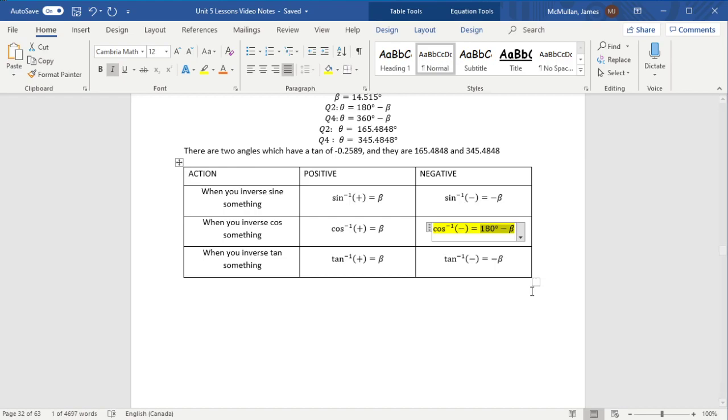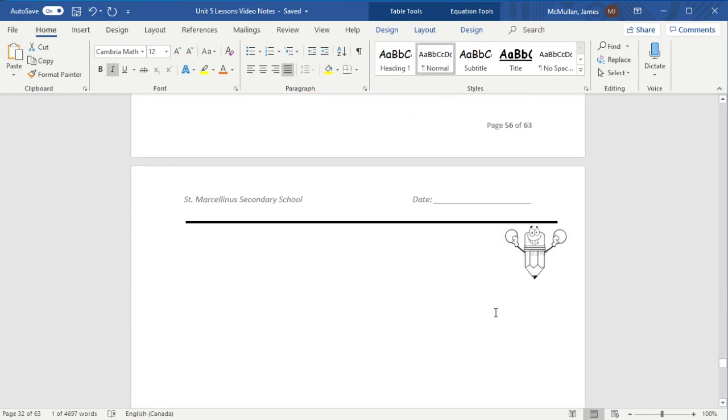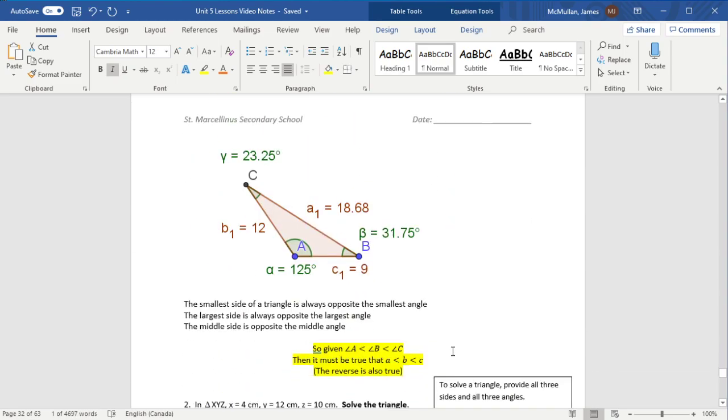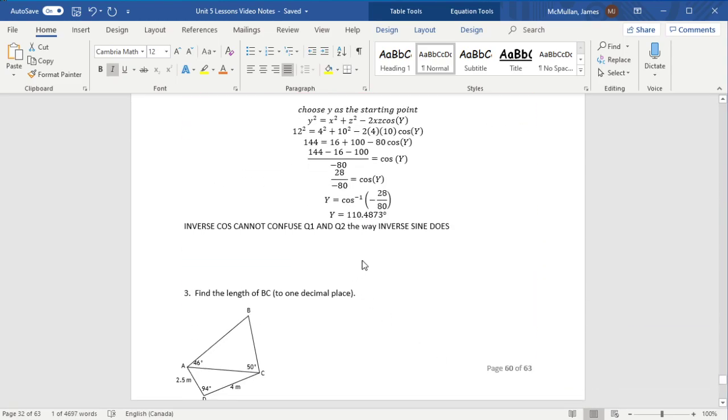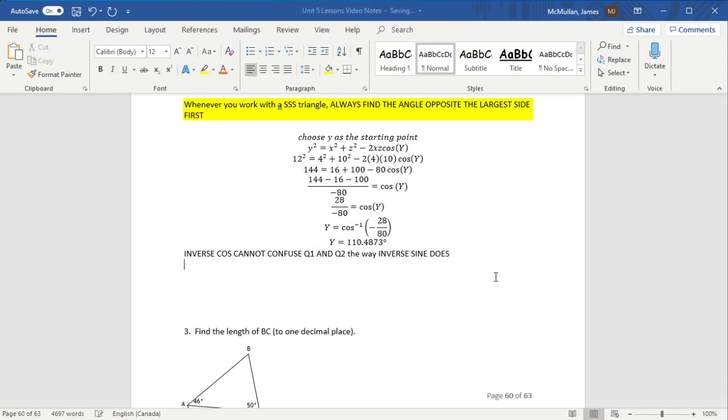Which is why, if you have the choice between using the cosine law and the sine law, the sine law is faster, but the cosine law is unambiguous. It always tells you the one and only answer, because that's the way cosine works. Cosine is different in quadrant 1 versus quadrant 2.